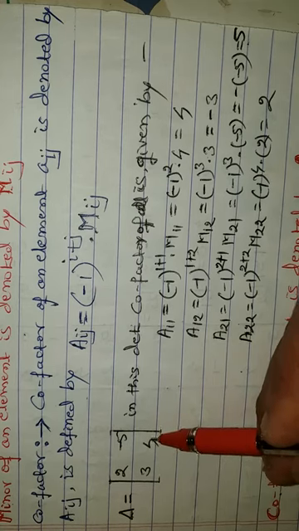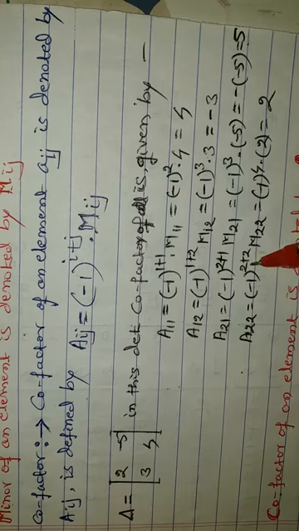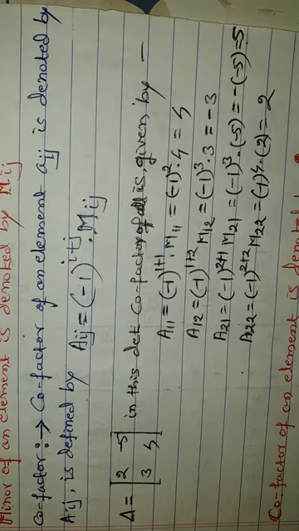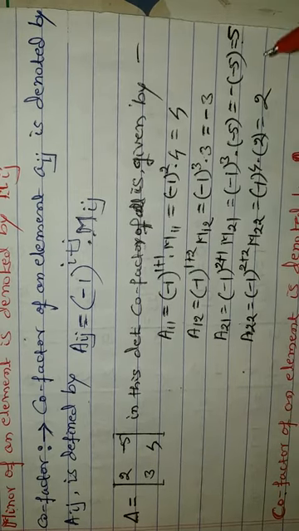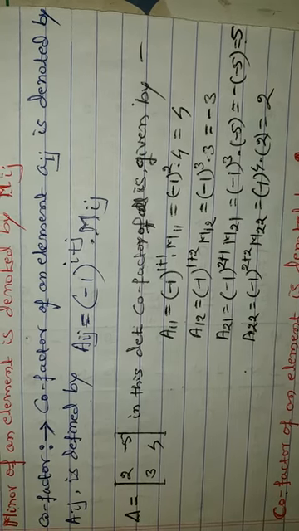The minor of this element is 2. Hence, minus 1 to the power 4 into 2 becomes 2. Hence, the cofactors of all these four elements are 4, minus 3, 5, 2 respectively.